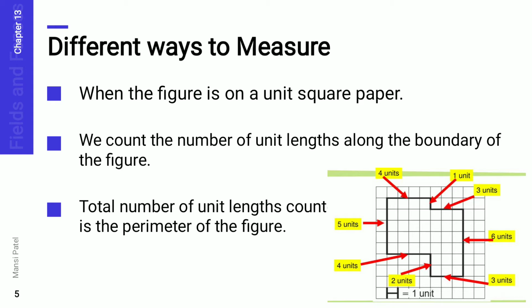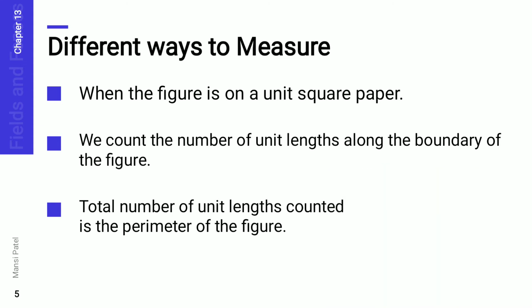Now in this case we just add all these sides: 4 units, plus 5 units, plus 4 units, plus 1 unit, plus 3 units, plus 6 units, plus 3 units, and then plus 2 units. And after that you get the perimeter of this shape.